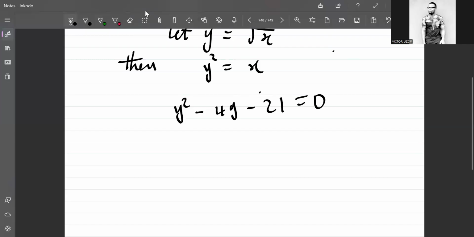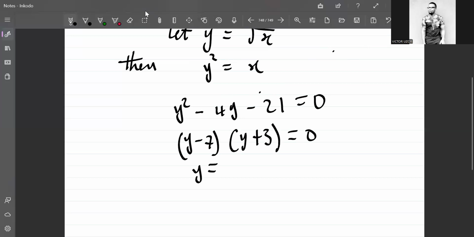If you factorize this, you're going to have (y minus 7)(y plus 3) equals 0. That means that your y equals 7 and your y equals minus 3.